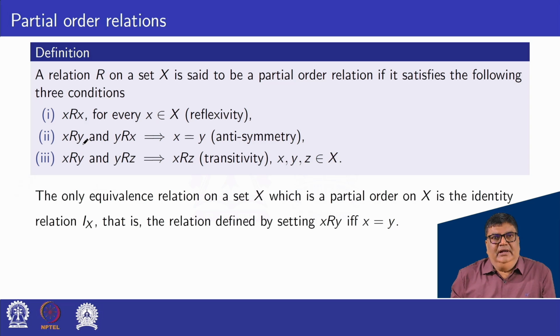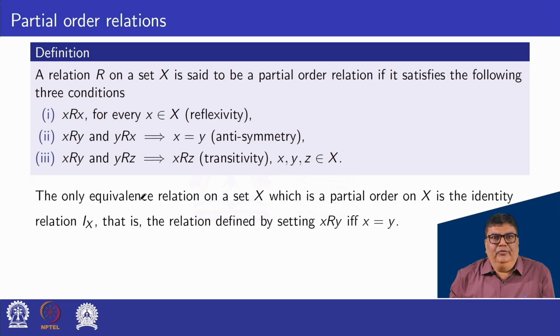Second, x R y and y R x implies that x is equal to y, that is antisymmetry. Third, x R y and y R z implies that x R z, that is transitivity, for all x, y, z belonging to X.